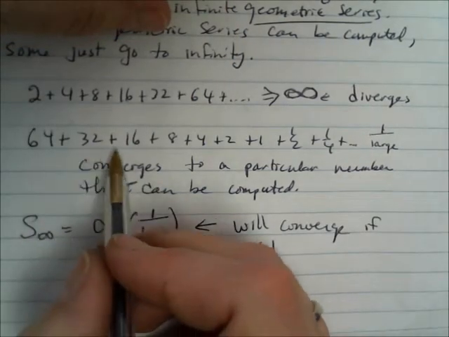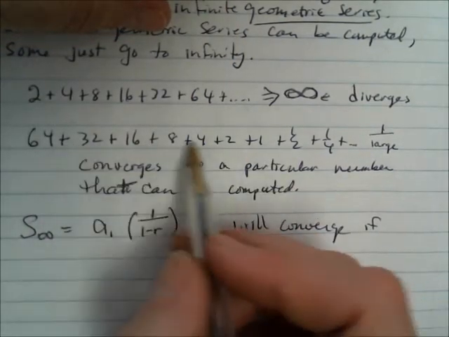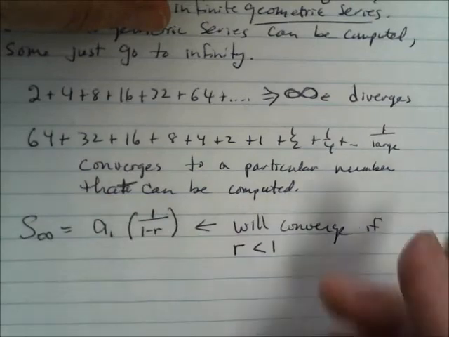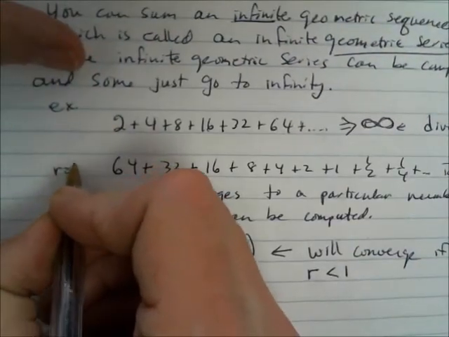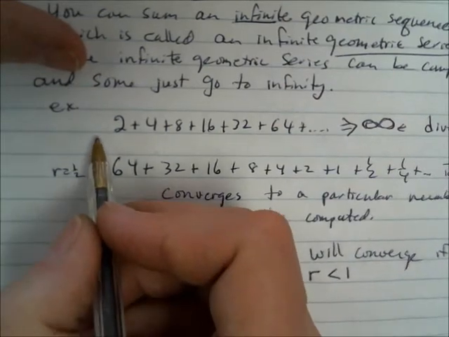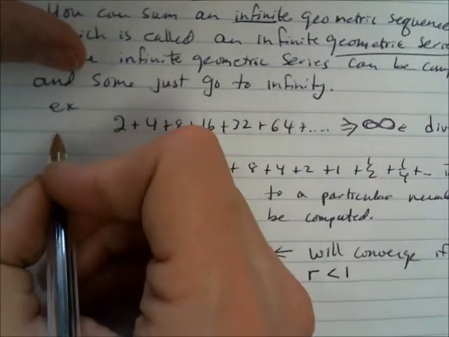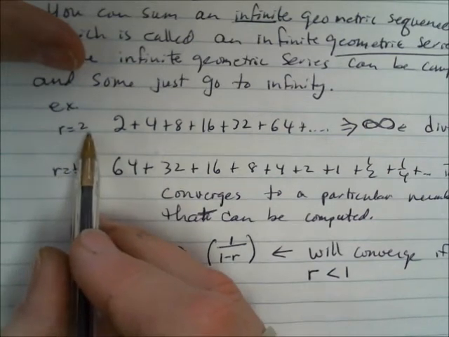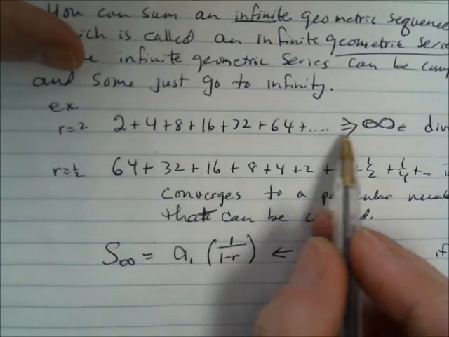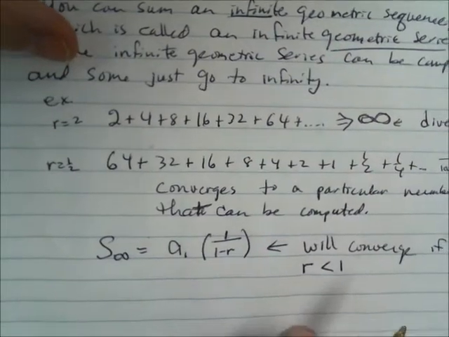So in this example up here I gave you, this R value is equal to 1/2. So this converges. But this series right here, the R value is equal to 2. And since 2 is greater than 1, this keeps getting bigger and bigger and bigger, so this diverges.